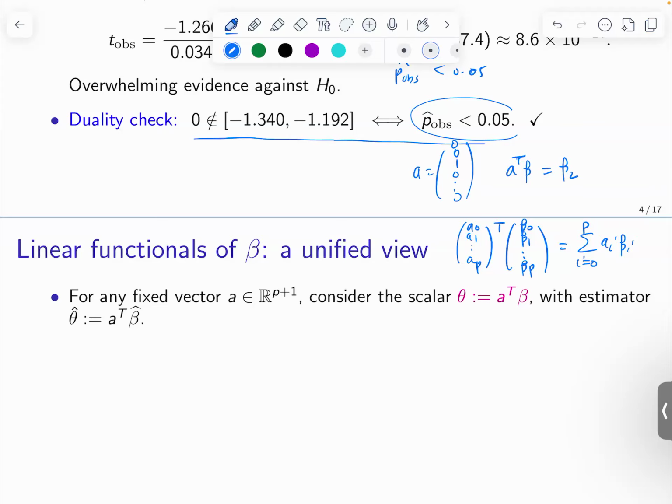So individual betas can be recovered as a special case by the choice of, let's say, E2, the second basis vector. If you take A to be a basis vector, you can recover individual betas as the parameter, but it could do more. For example, if one of the entries is 1, another one is -1, and the rest is 0, you get the difference of two betas.